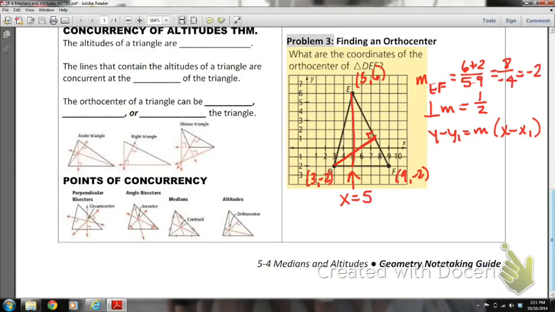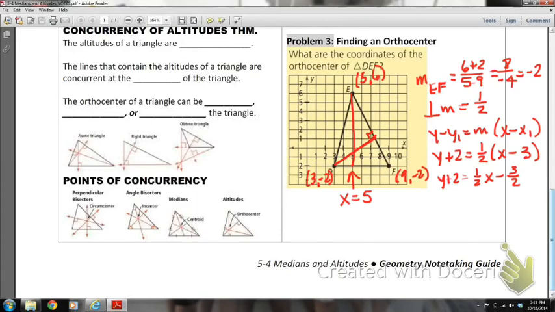So we have y minus a negative 2, which is y plus 2, equals the perpendicular slope 1/2 times x minus 3, the x value of point D. Now let's simplify this. We get y plus 2 equals 1/2 x minus 3/2.